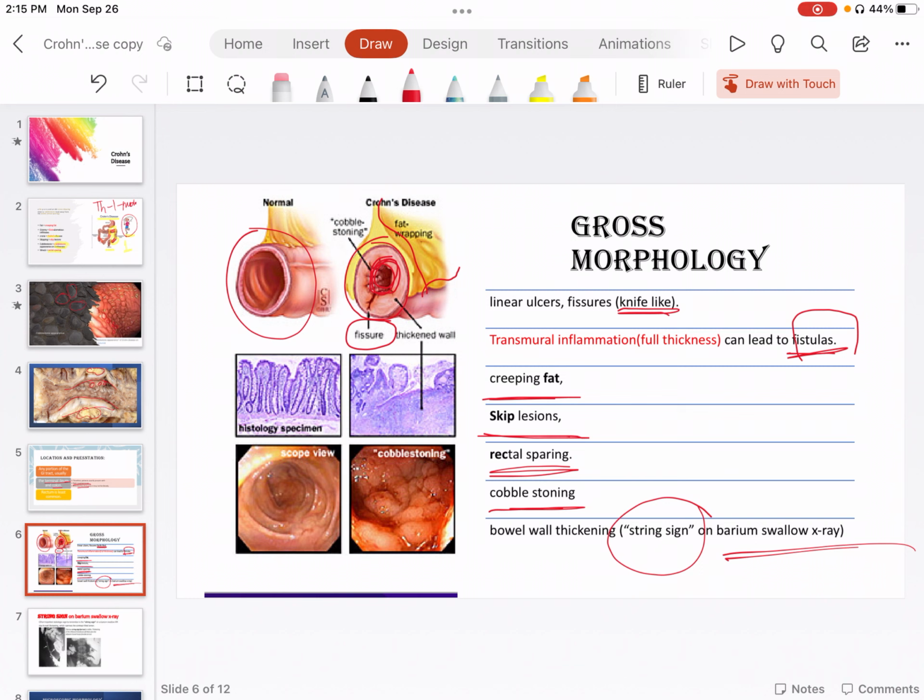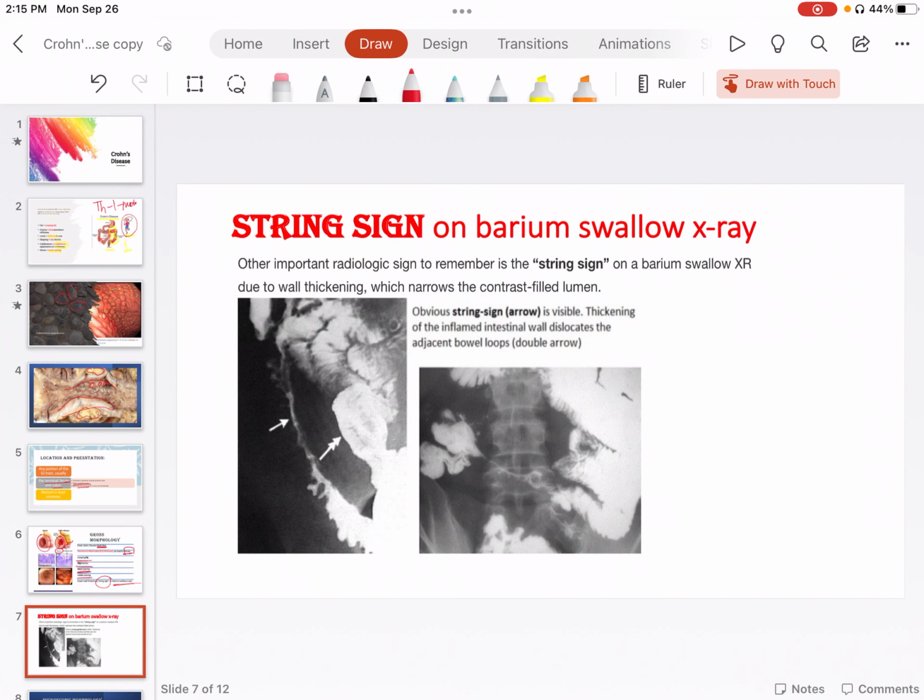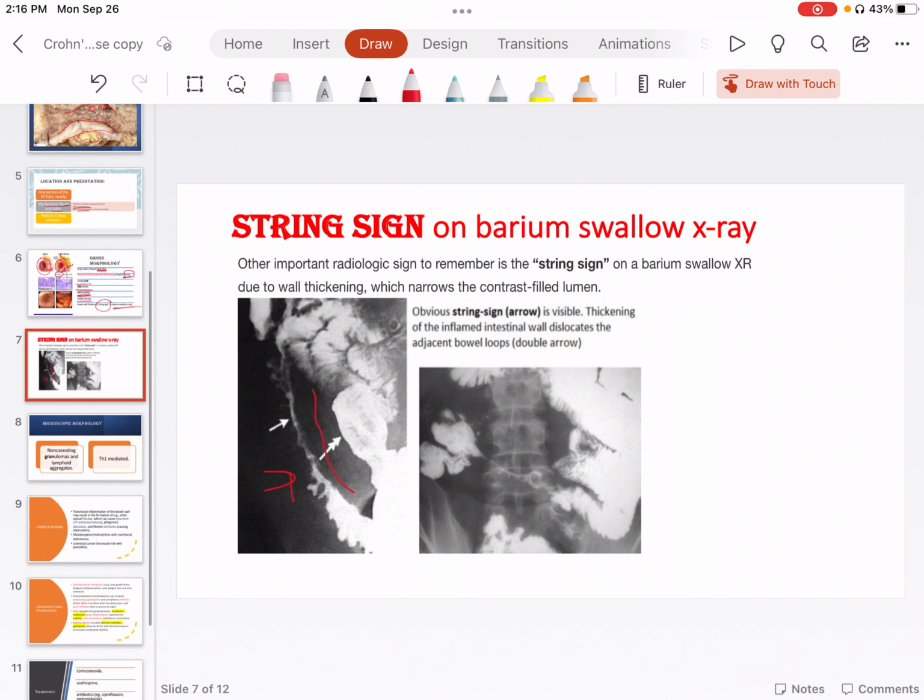Due to that, after barium follow-through in an X-ray, you will hardly notice that canal. So you will find that string-like structure of the canal, and that's what is represented in this X-ray. So it is another important diagnostic feature of Crohn's disease.